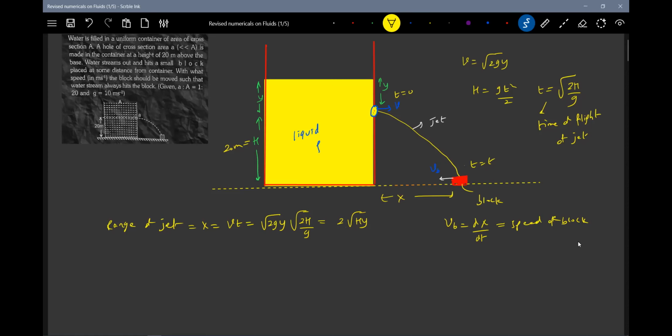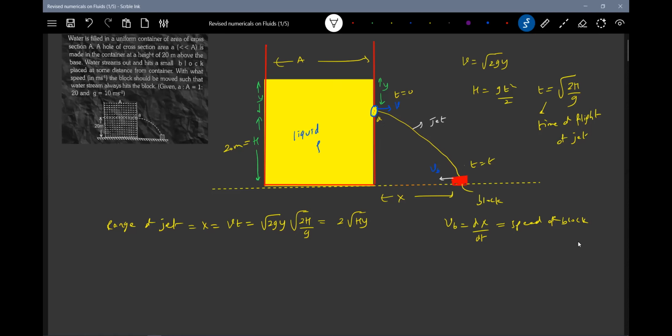Let the area of cross-section of this hole be a, and that of the container be capital A. I will write it in this way. So dx by dt, I'll bring VB, but we don't know what to do with y, no? So I will keep VB equal to the velocity of the block.